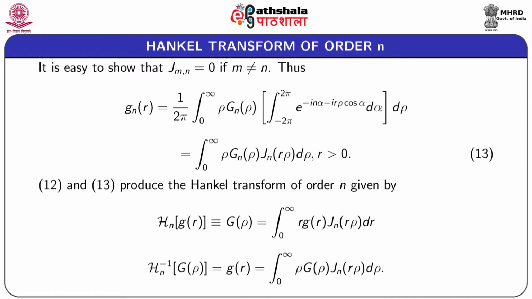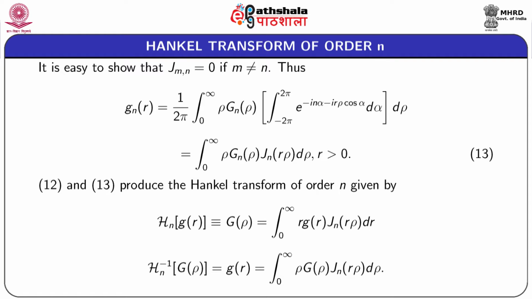The inner integral can be simplified and we obtain g_n(r) equal to integral from 0 to infinity rho G_n(rho) J_n(r rho) d rho, where r is positive, as given by equation 13.